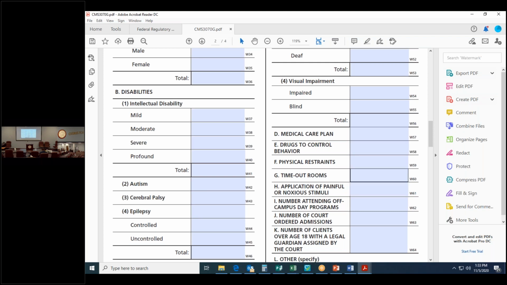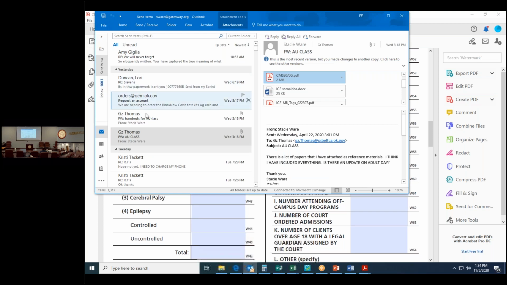Also, we don't do any of this application of painful or noxious stimuli. We no longer do those. Anyone that attends off-campus day programs, we do have people that have jobs that work out in the community, so then we would list those. And generally, the surveyors would actually go out and visit a couple of those work sites.